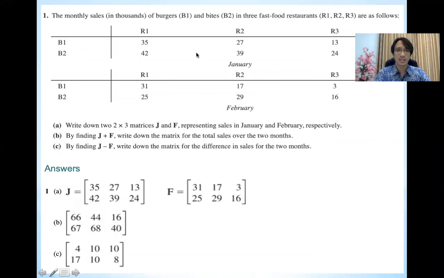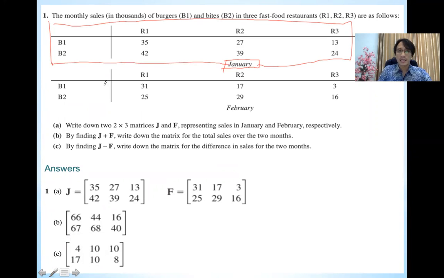This is the combination. And there are 2 months of data. The first one is for January. So this is the data of sales in January. This one. And this part explaining the sales in February.